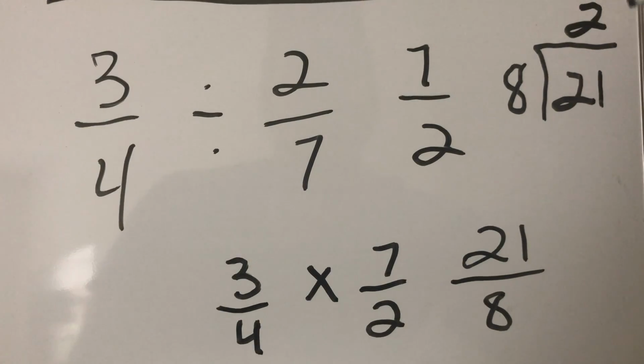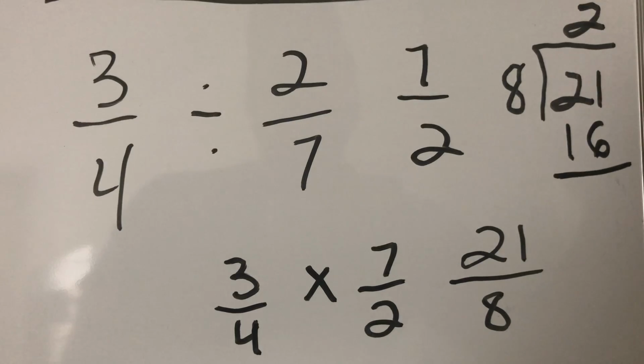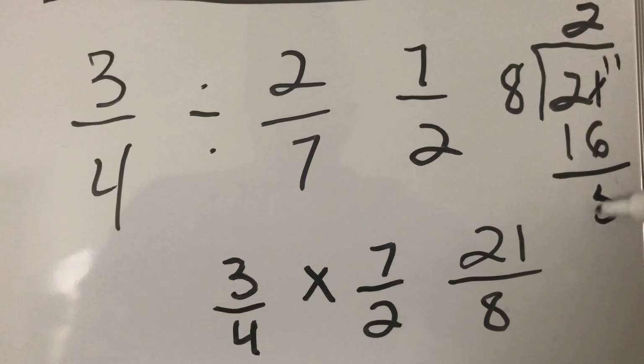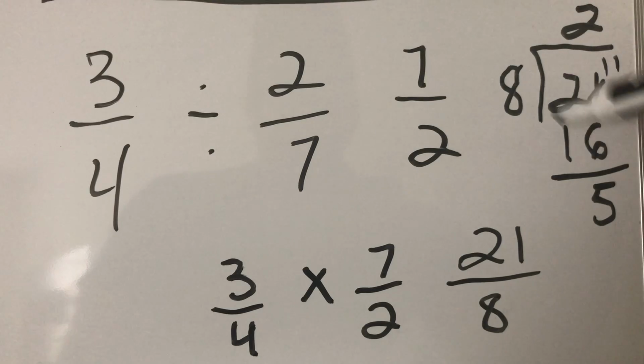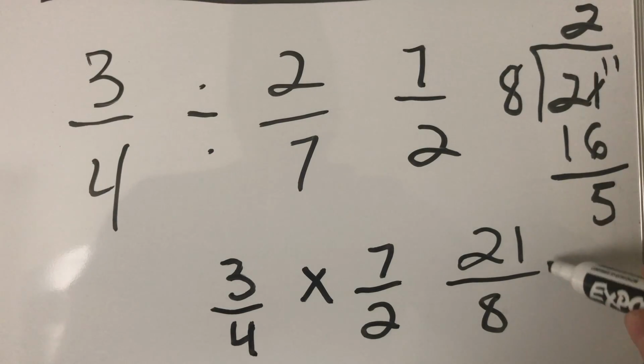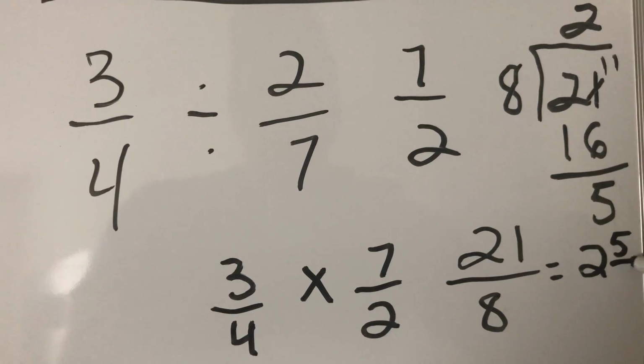All right, now we have 2 times 8 is 16. All right, now we subtract. 5. We have a mixed number now, 2 and 5/8. So 21/8 equals 2 and 5/8.